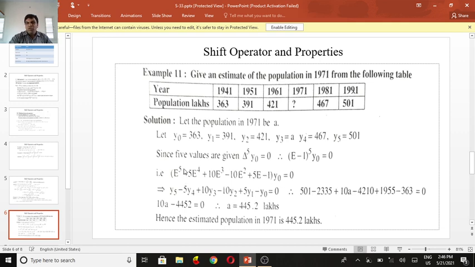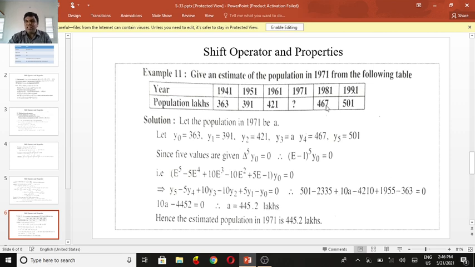So again opening this, y5 minus 5y4 plus 10y3 minus 10y2 plus 5y1 minus y0 equals 0.